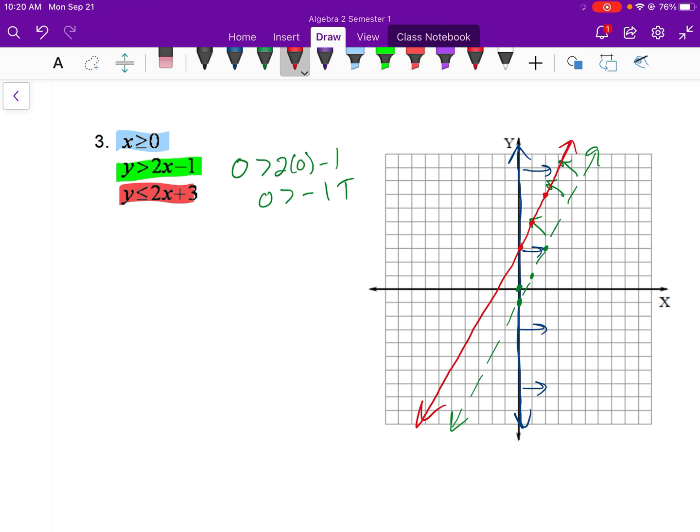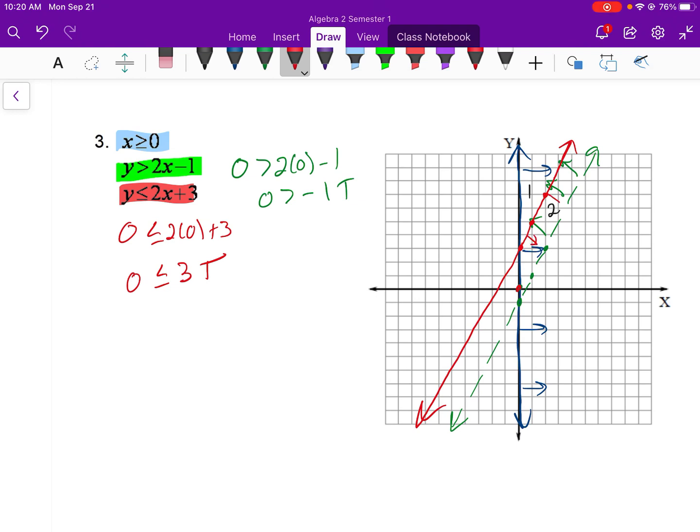Okay, so our two possibilities as of right now, it's either going to be this area shaded or this area. It all depends on where that true statement lies for the red inequality. So 0, 0: 0 is less than or equal to 2 times 0 plus 3. 0 is less than or equal to 3, which is a true statement.